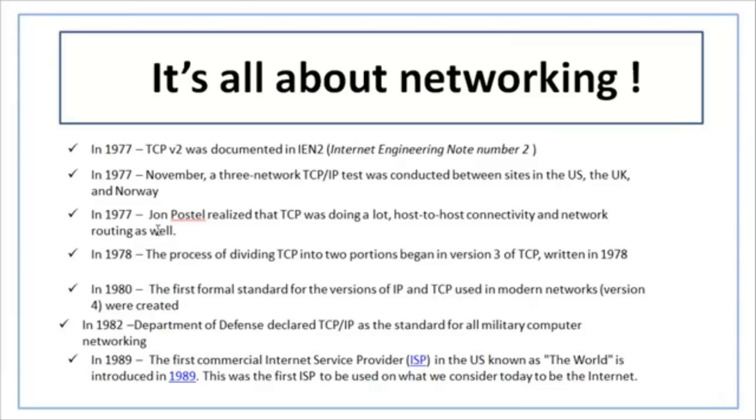They divided TCP into TCP and IP, and the IP now works at layer 3, that is the network layer, to find out the position of B. So that's how TCP/IP came into play. And in 1980, the first TCP/IP version 4 was created, which we still use today.